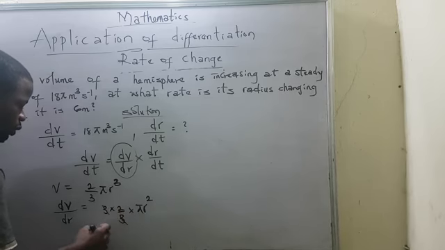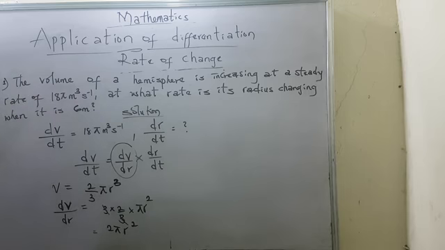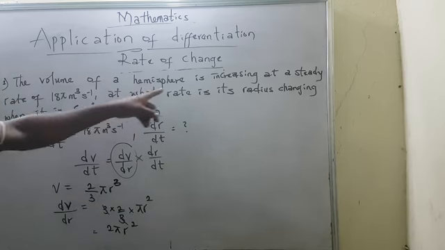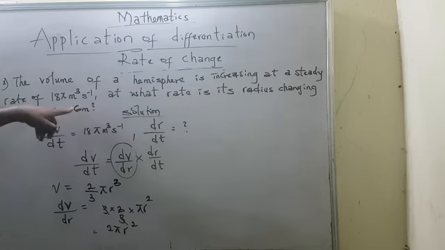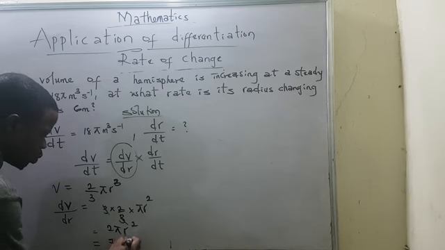So this cancels out this. That becomes 2 pi r raised to power 2. But when the radius is 6 meters, it will be r times r, 36, times this. This will be 72 pi.